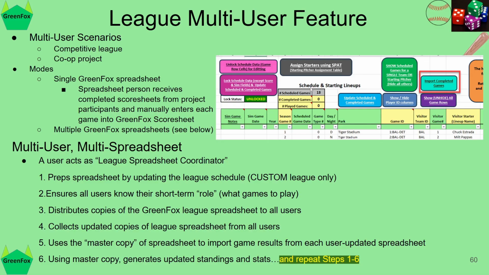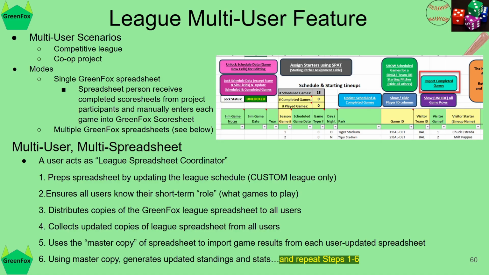And then it'll ask the coordinator, do you want to bring the results and stats for these completed games into this GreenFox spreadsheet? And if the user clicks yes, it does just that. It brings in all those stats and results for those games. And the league coordinator would just do that for each person's spreadsheet, and it only takes a few seconds.